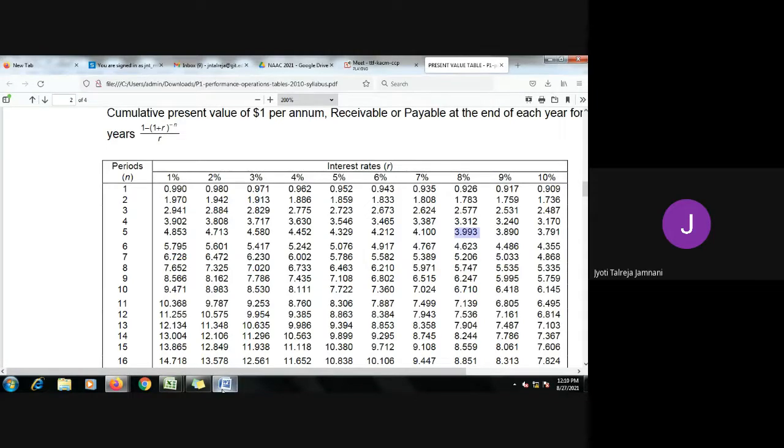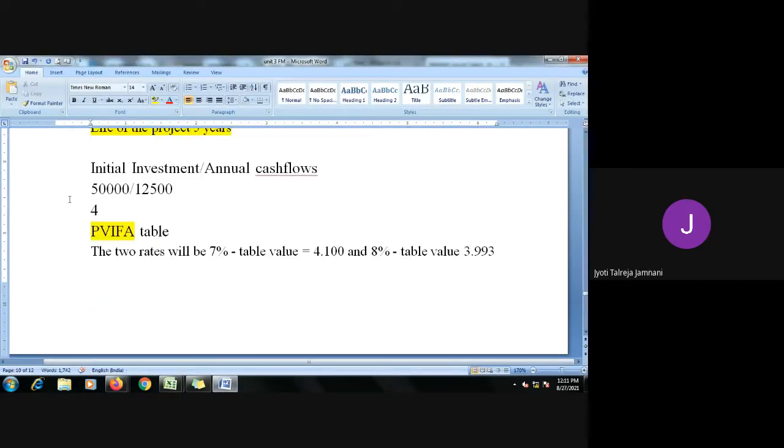So here I have written, if you see, the two rates will be 7%, for which the table value is 4.100, and 8%, for which the table value is 3.993. Now using these two rates, we will have to find the present value of cash flows and NPV and then find the internal rate of return. So how do we find the present value of cash flow for an annuity?